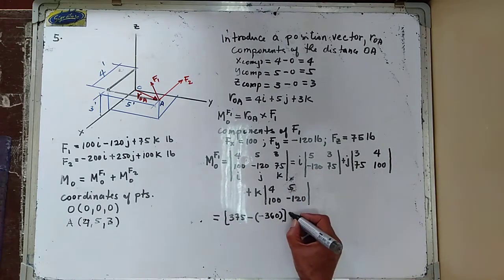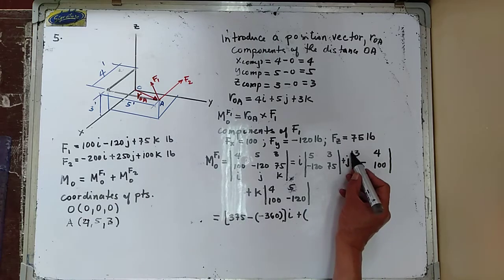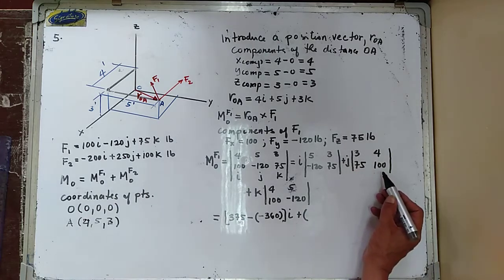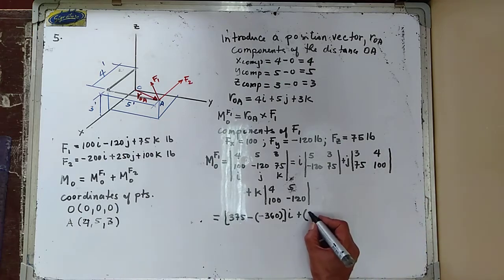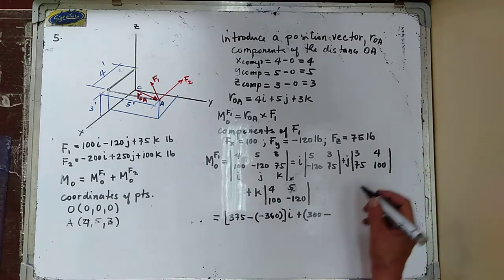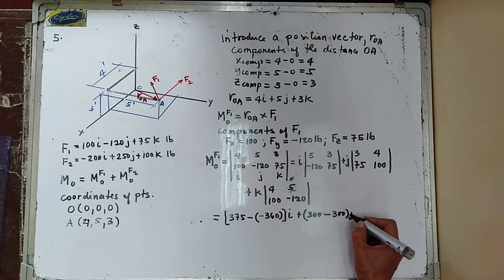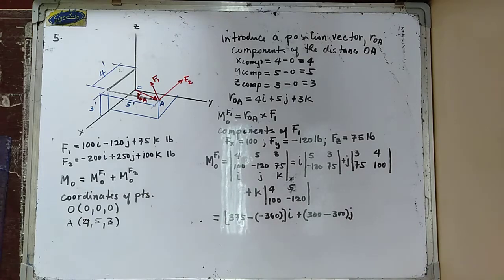We now have your i. Plus, 3 by 100 is 300, minus 4 by 75 is 300, and that is now your j.